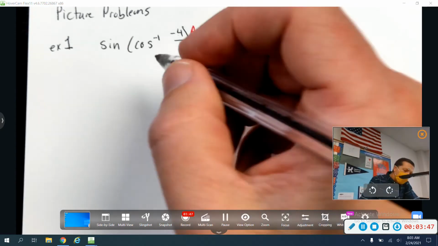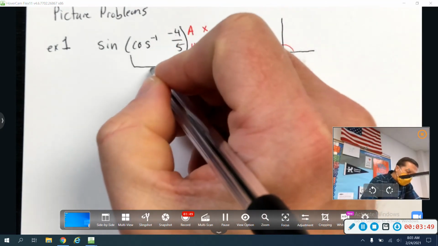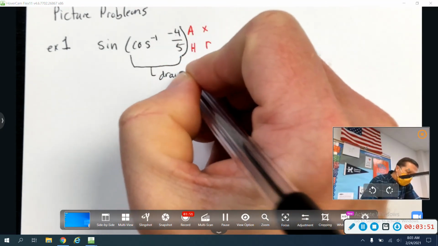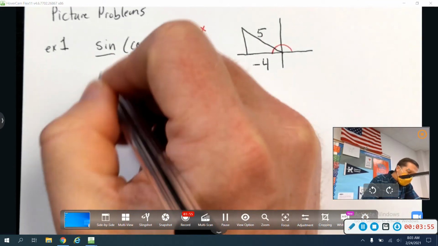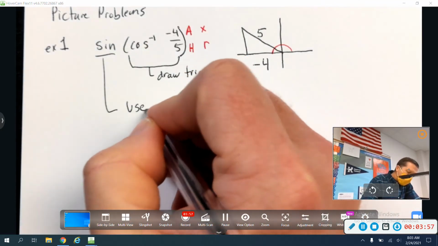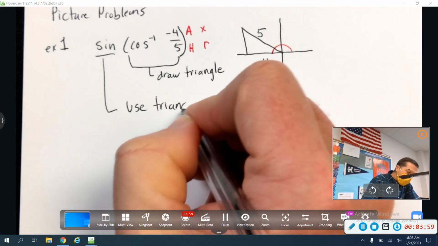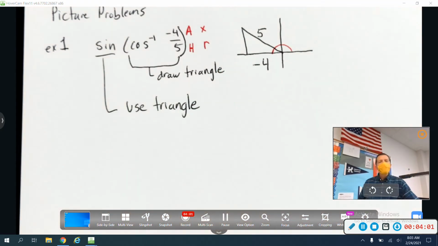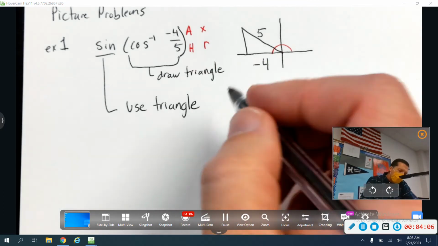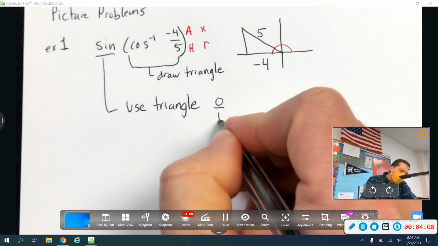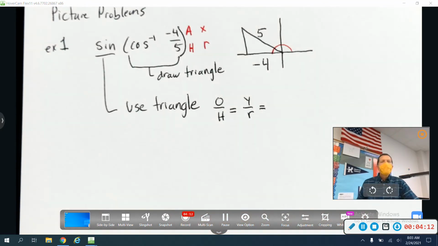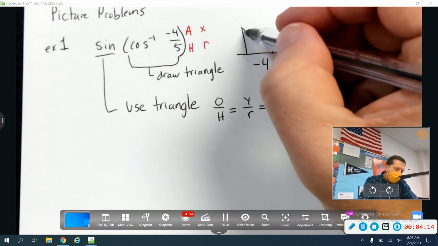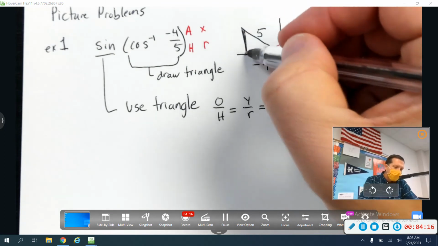So we use the inside stuff to draw the triangle. And then we use that outside one. We use the triangle that we drew to figure out whatever we need to find out. So sine is opposite over hypotenuse, or y over r. Except I don't have the y or the opposite over here.